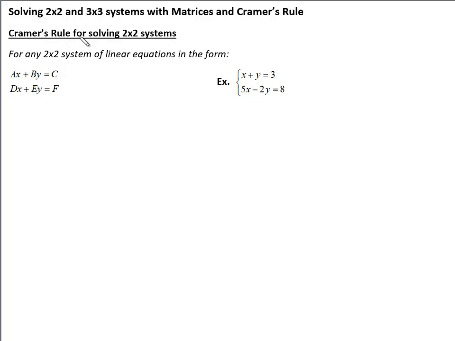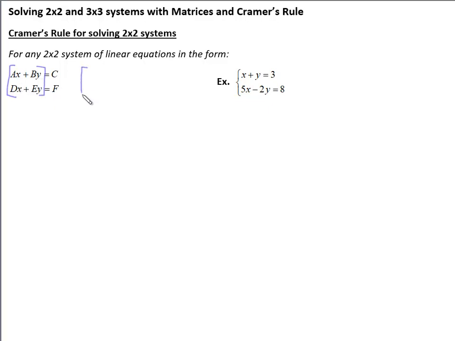So to use Cramer's Rule for solving a 2 by 2 system, if we have a system of linear equations in this form, basically what we're going to do is take what's called the coefficient matrix. This is called the coefficient matrix of the left-hand side, and that means the numbers in front of x and y.